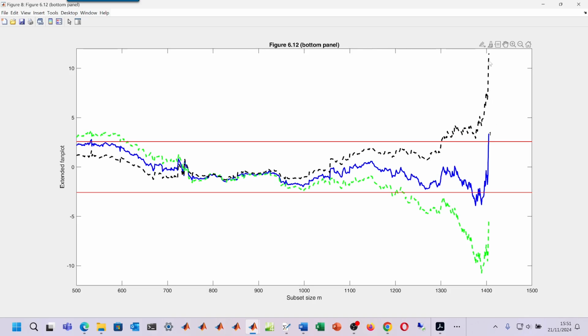Correct. And the distance between the 3 tests, which tends to increase as the subset size increases, suggests that you absolutely need to treat the 2 tails in a different way, with 2 different values of lambda.